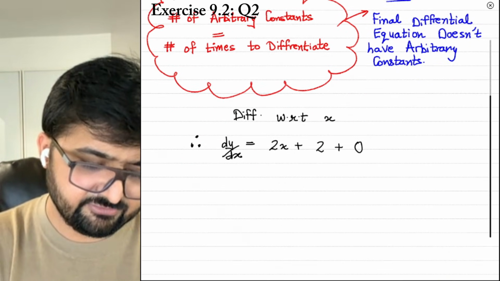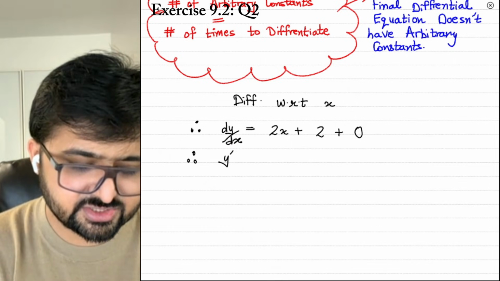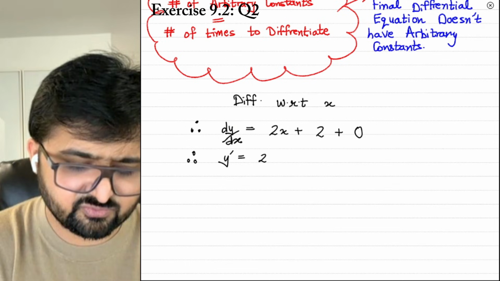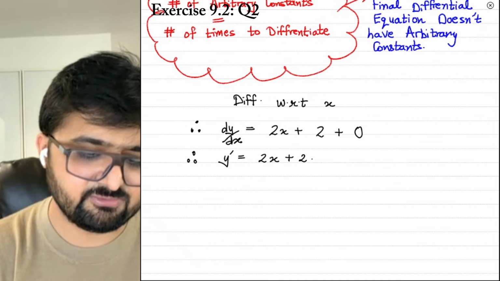So the dy by dx term is nothing but y dash. So y dash is 2x plus 2.